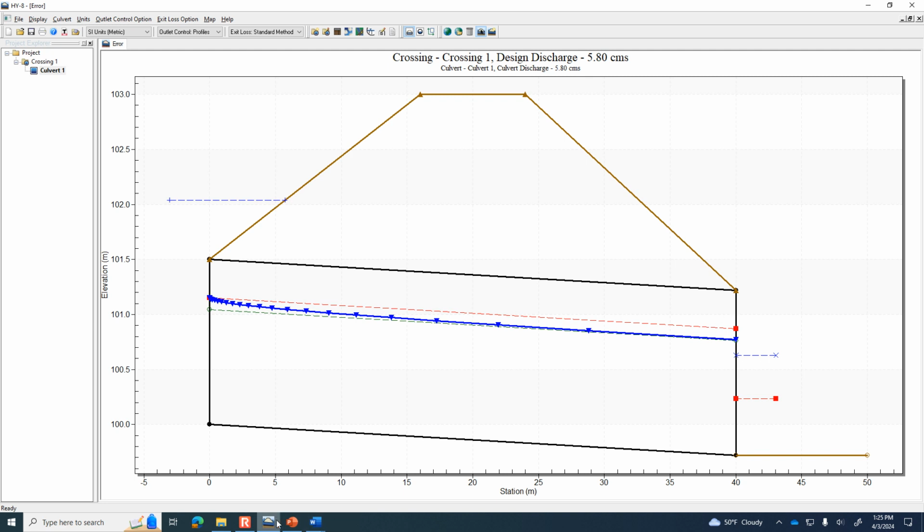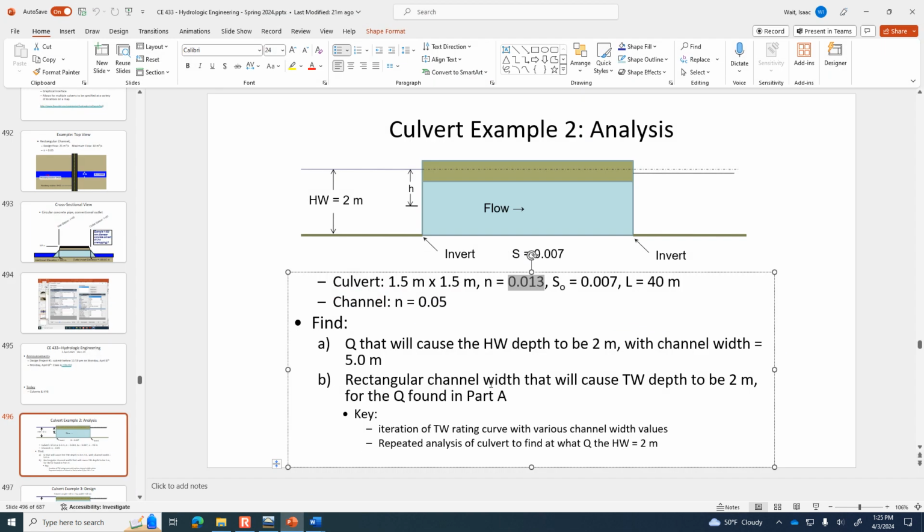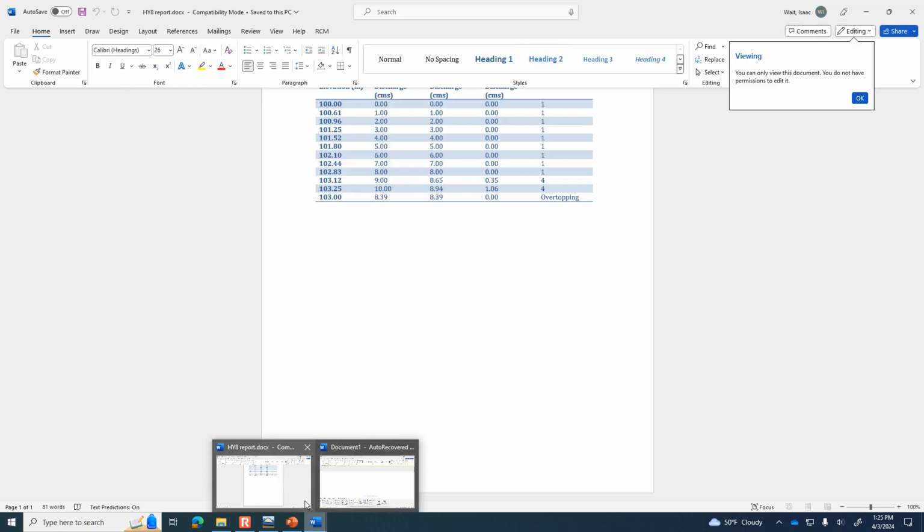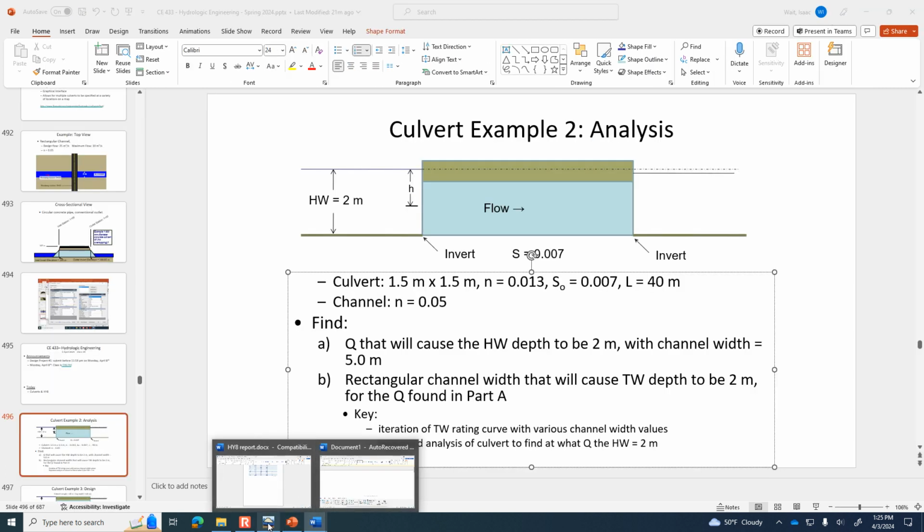Okay, part B was asking, what is the rectangular channel width that will cause the tailwater depth to be 2 meters? So right now, let's take a look at the tailwater condition.